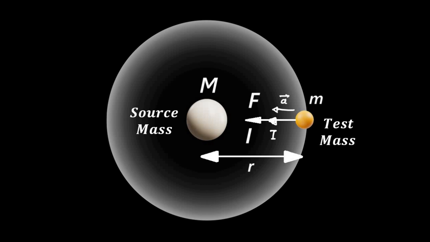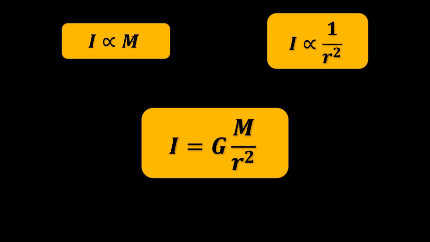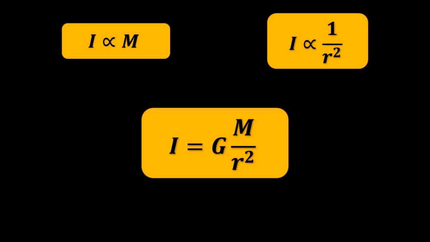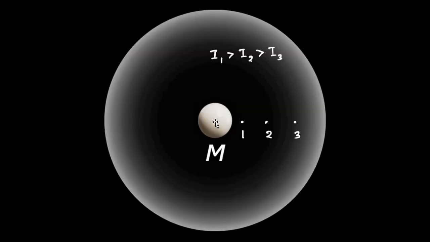And the gravitational field intensity is dependent on the mass of the source object, the source mass. Greater the mass, greater the gravitational field, and it is inversely proportional to the radial distance from the source mass.